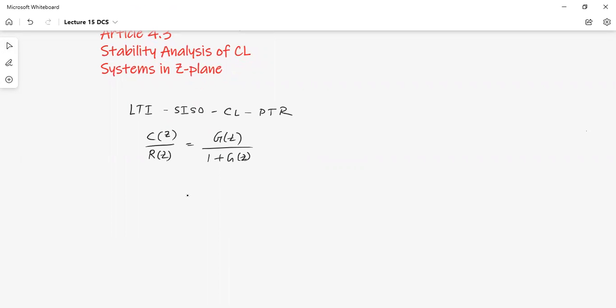We can give it a polynomial P(z), where the characteristic equation is 1+G(z), and that should be set to 0. Then you can do the analysis on that. So this is one type of closed loop system.